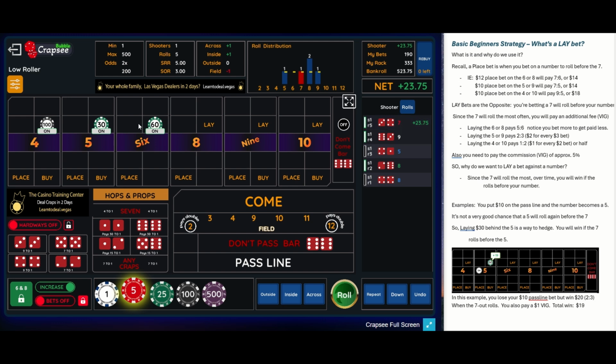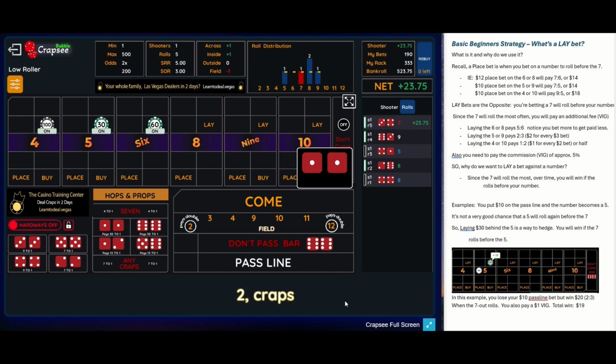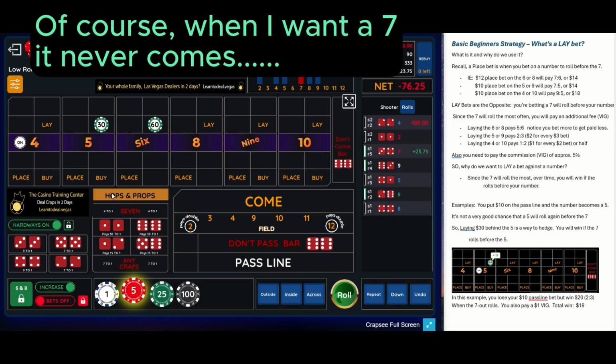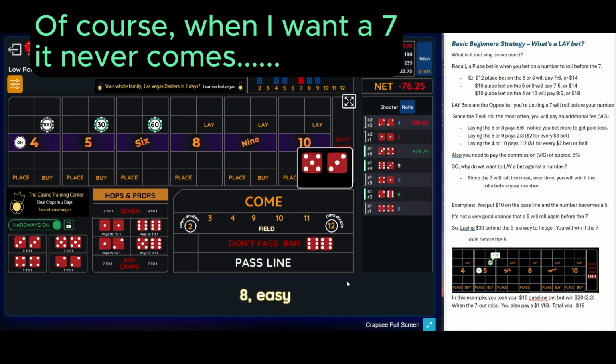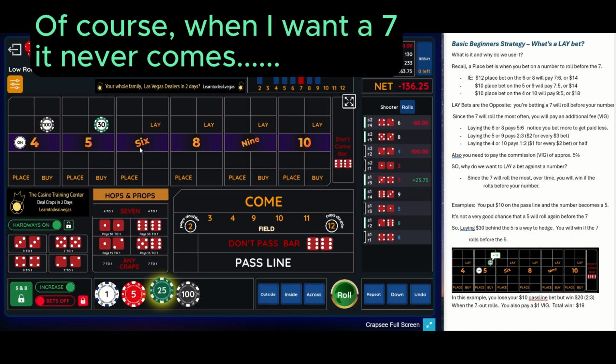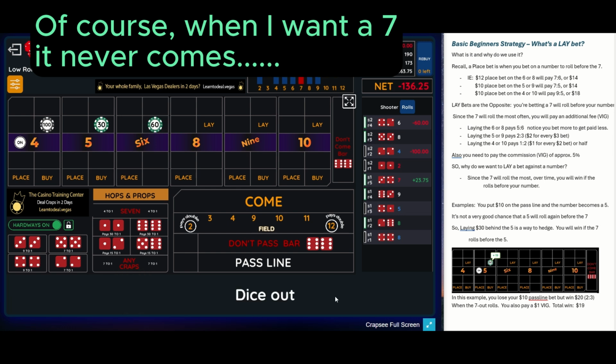Okay, let's see if we can roll another 7 and look at those payouts. There's a 2. There's a 4, so we have to replace that. There's an 8. Let's just get a 7 so we can see the payouts. And there's a 6. Let's put 60 back on there. Come on, we're looking for a 7.